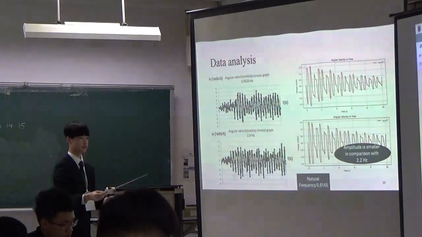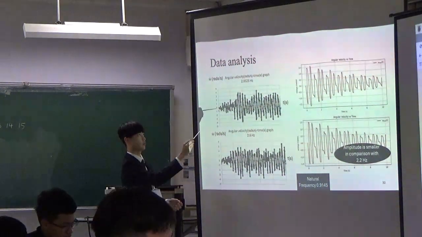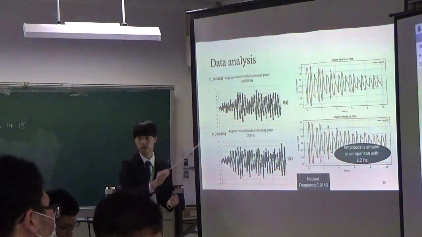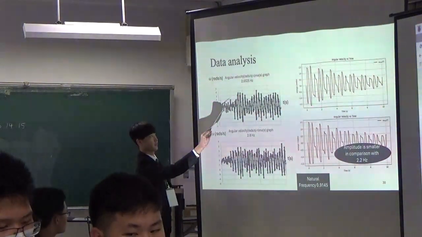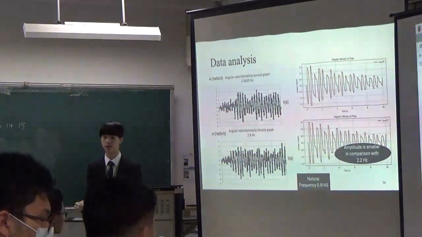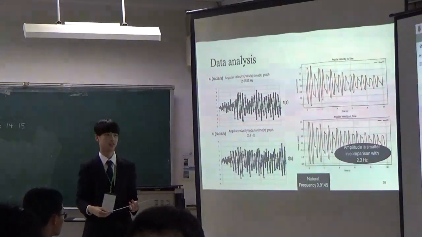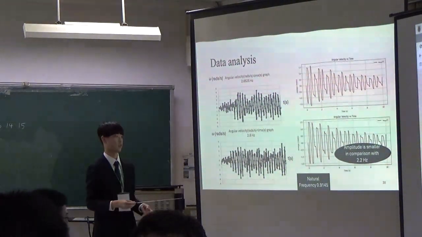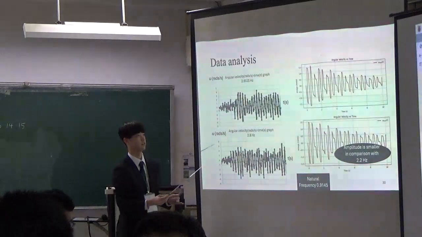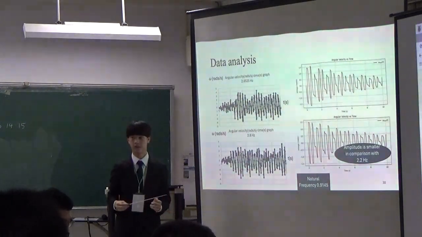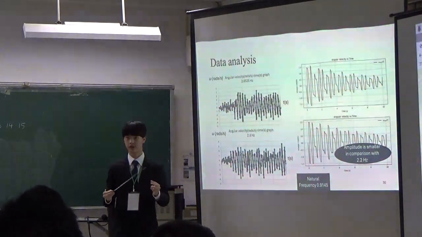Okay, in this page, I will talk about these two different graphs. We can also observe the beat. However, it is not as obvious, or I would say I cannot observe it very clearly here, because when the frequency is higher, the noise also increases.